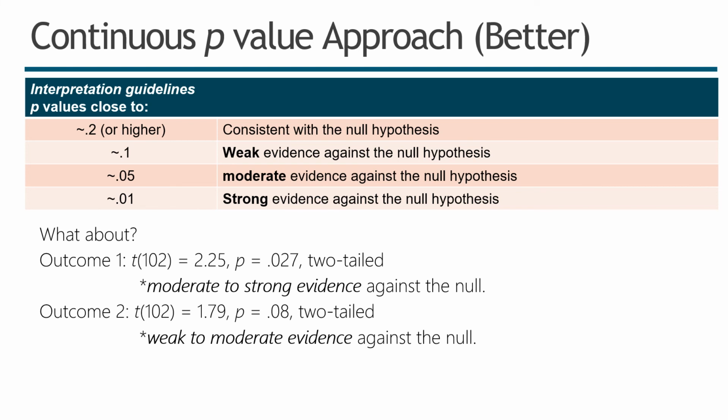Simply combine the labels. A p-value of 0.027 is moderate to strong evidence, and a p-value of 0.08 is weak to moderate evidence. Again, what we're trying to accomplish here is a language that captures the gradation of the p-value. As the p-value gets smaller, the evidence gets stronger, and our language should reflect that.